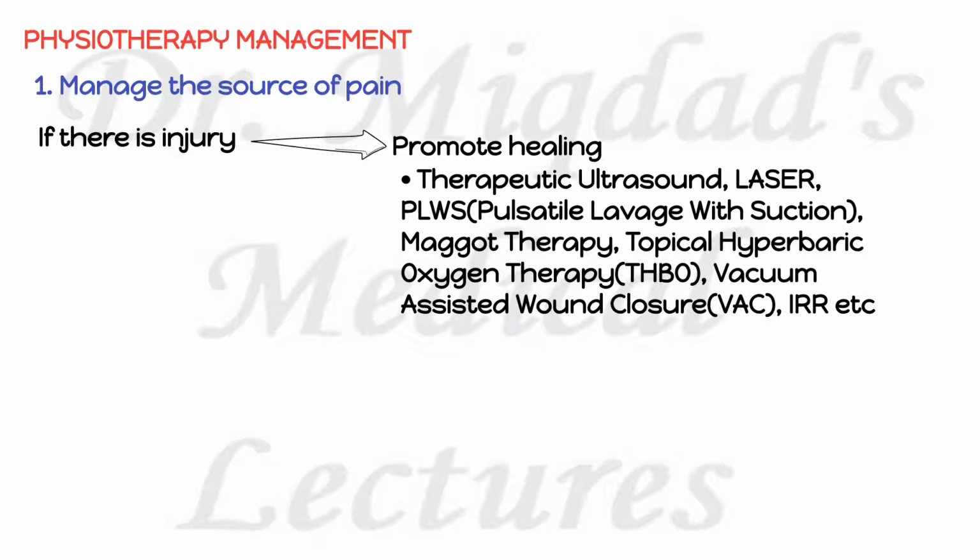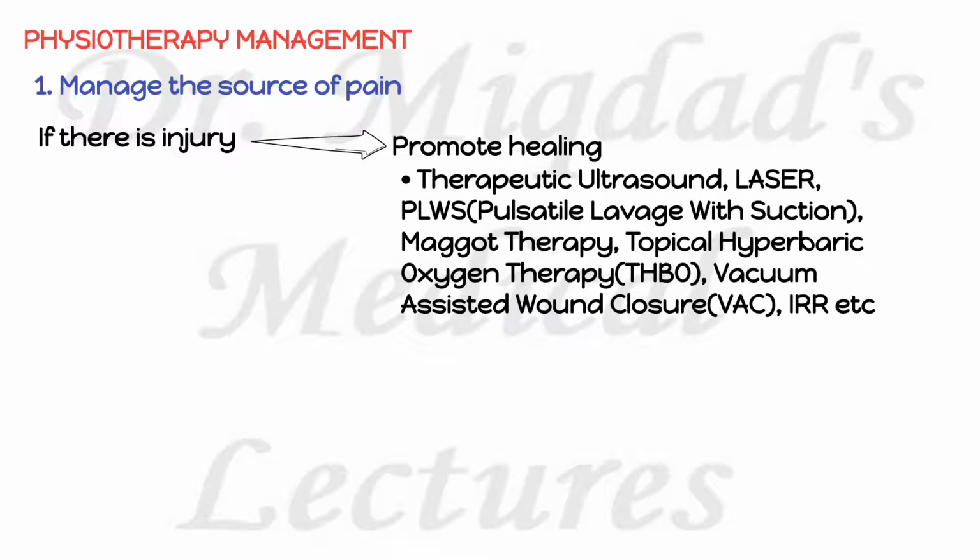This energy density in joules per square centimeter must be planned precisely according to the type of wound. If we apply a higher dose, it in turn inhibits wound healing, and if we apply a lower dose, it will not be effective. So the exact optimum dose is essential for proper and rapid wound healing. To discuss these things in detail, I need to make hours and hours of video, which is not possible right now. Maybe in future lectures, if possible, I will try to discuss these modalities in detail one by one.